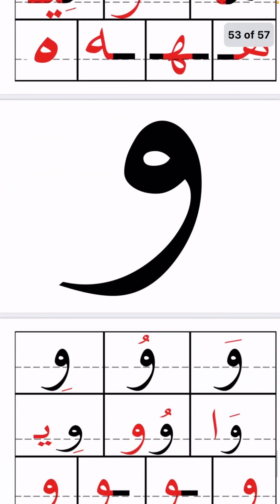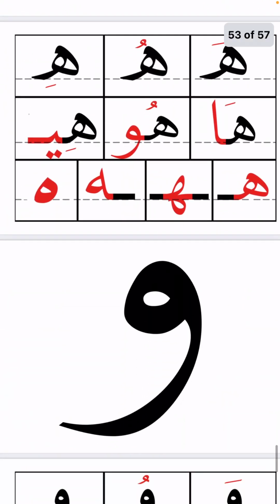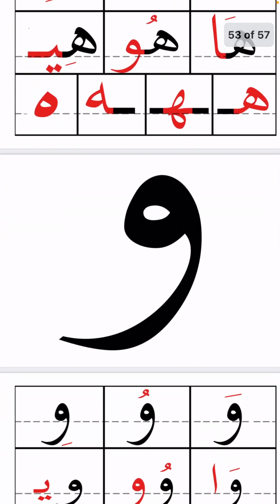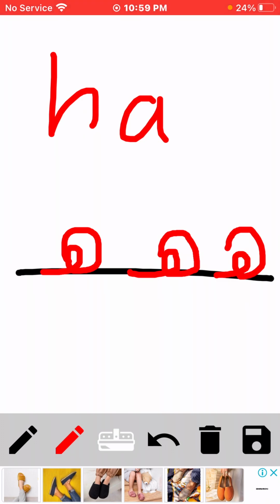Look at this. This is letter wow. Don't say wow, no. Ha, wow and noon are light letters. Wow letters always come light. How do we write letter wow?